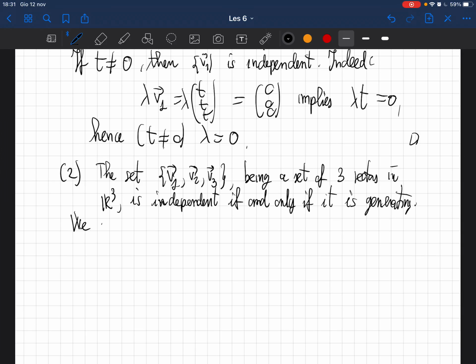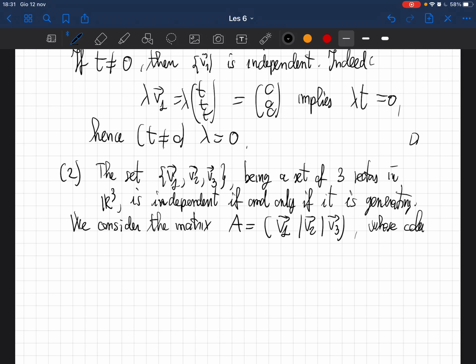We consider the matrix A, whose columns are the given vectors.